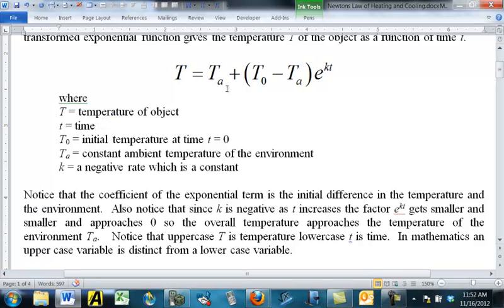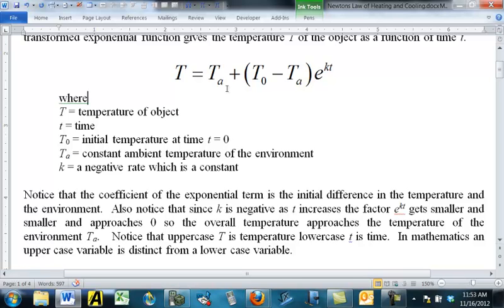If you leave an object long enough in a certain temperature, it's going to move to the temperature of the environment. Now we're assuming, of course, that that object doesn't have a heat source of its own. Like a human body, our metabolic processes keep our temperature at a constant, approximately 98.6 degrees Fahrenheit.